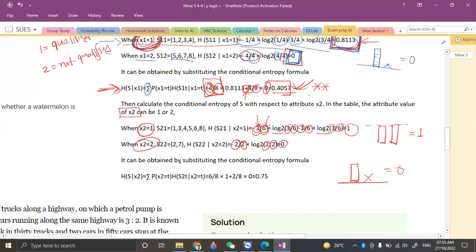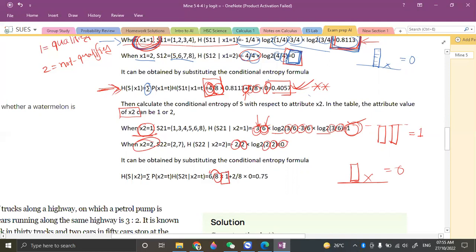And now we just find the total conditional entropy. For x2 equal to qualified, the answer is 1, multiplied by the total number of students. So 6 out of 8 are qualified, right?